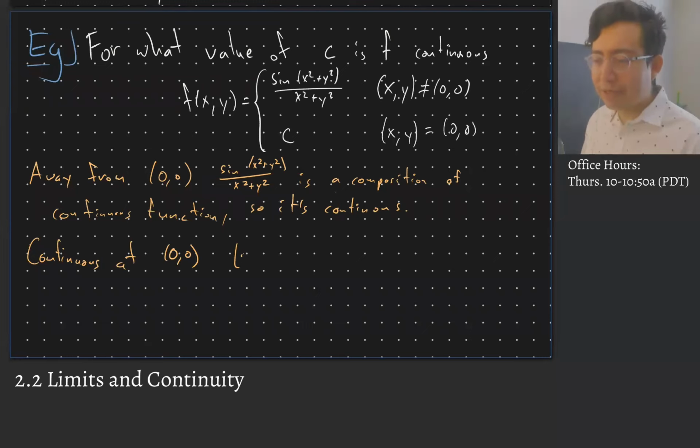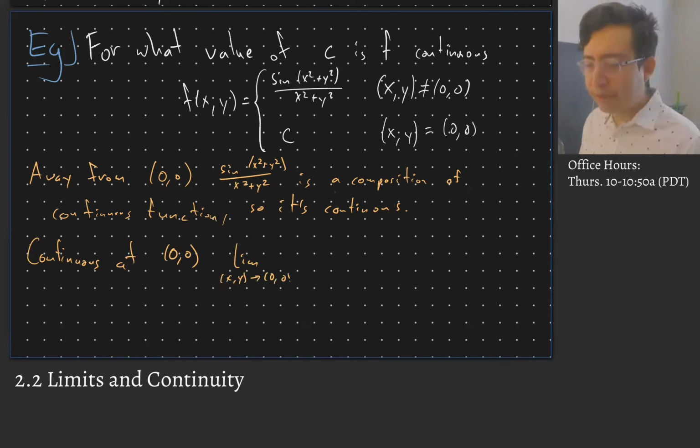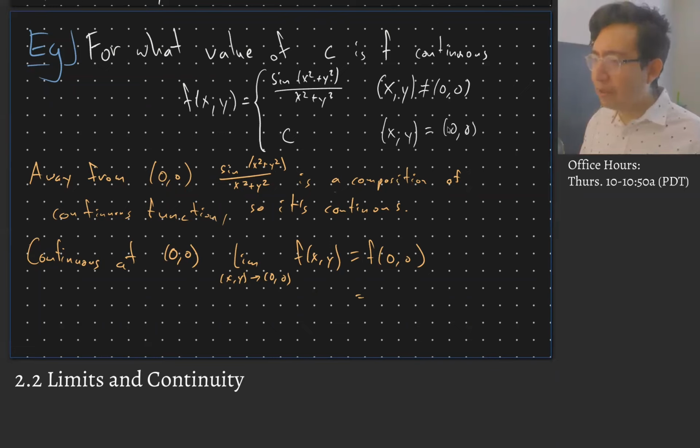That means that the limit as (x, y) goes to (0, 0) of f(x, y) is equal to f(0, 0). On the right-hand side, f(0, 0), by the way the function is defined piecewise, is just c. But when we're taking this limit, as (x, y) goes to (0, 0), we're not at (0, 0), so we use the formula up here.